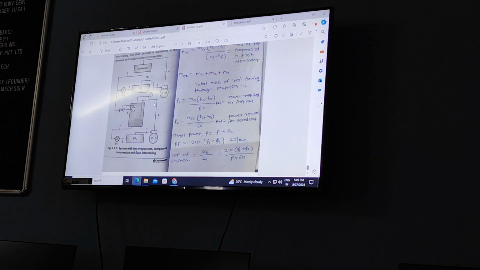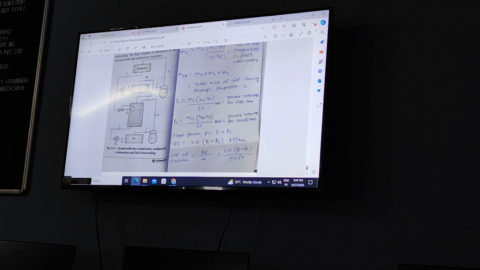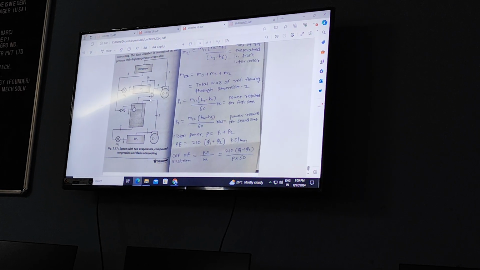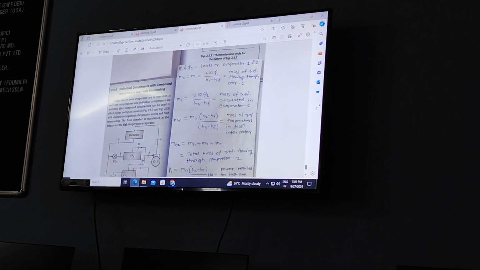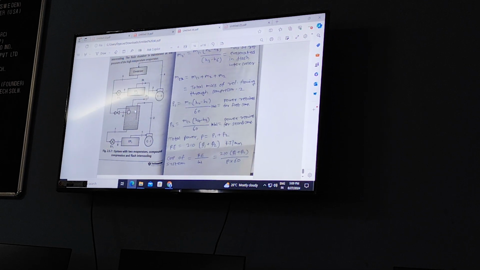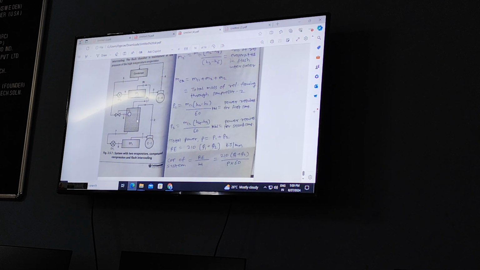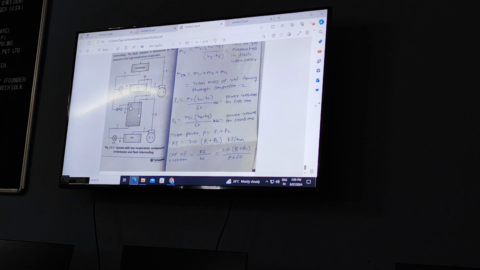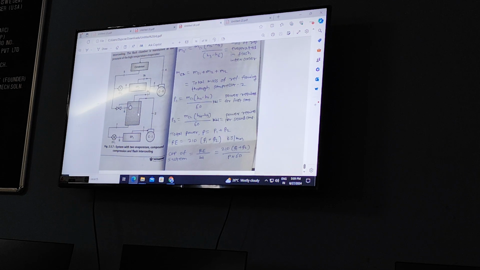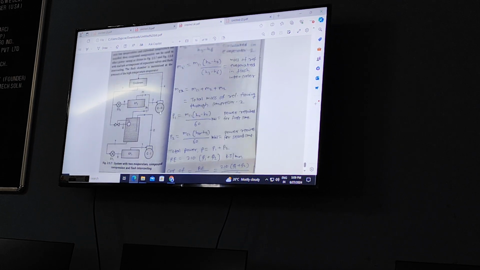Okay? Now look at this, evaporator 1, output sent to the compressor 1, then flash intercooling is there. Okay? With flash intercooling is sent here. Whenever there is a flash intercooling or liquid intercooling, output of intercooling will be saturated vapor, guaranteed, right? So look at the diagram.